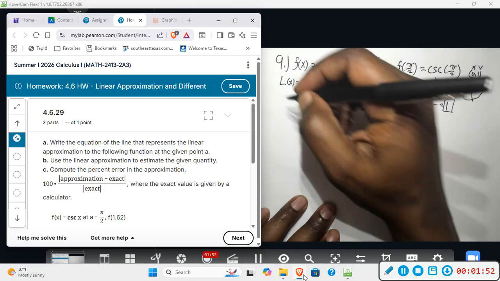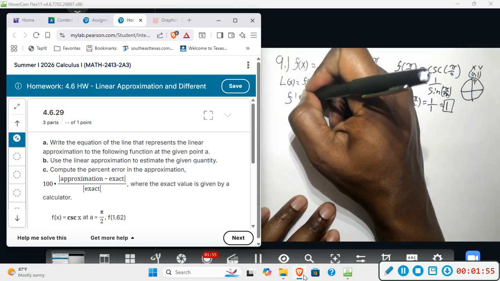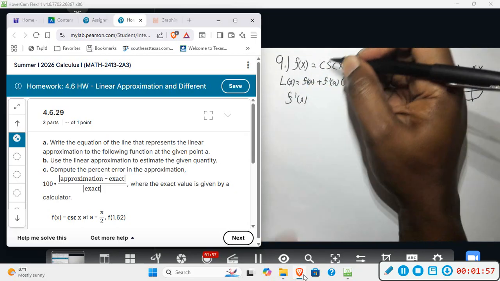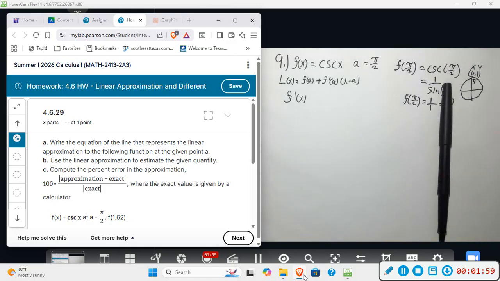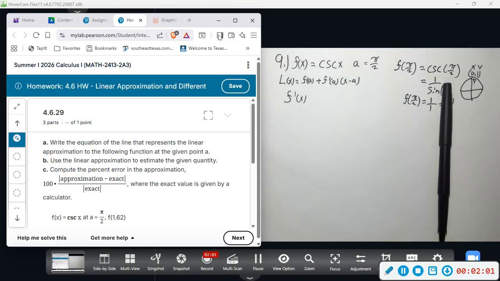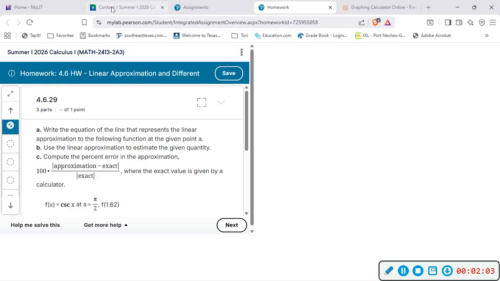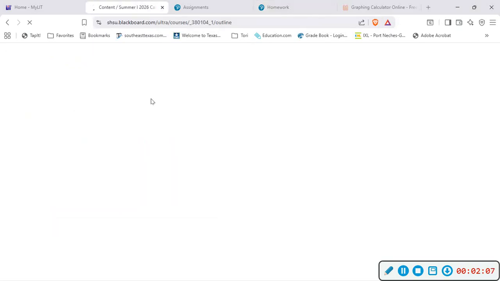We're going to find the derivative. So derivative of cosecant, I'm going to use our trig cheat sheet. That's not one of those that is committed to memory.